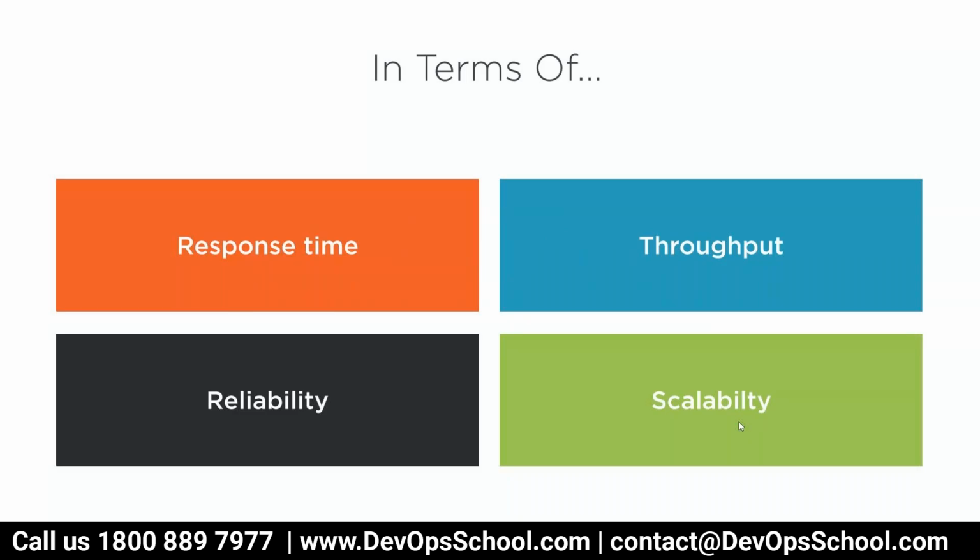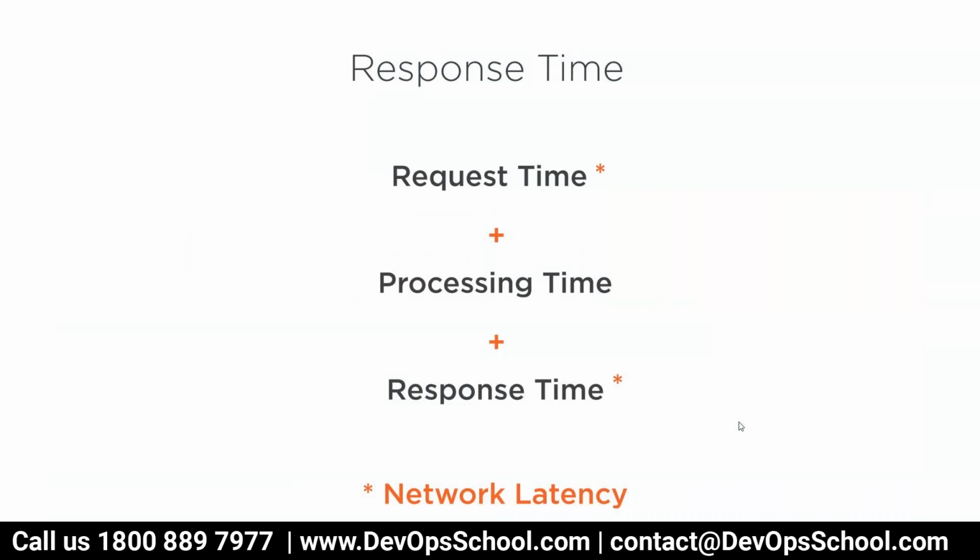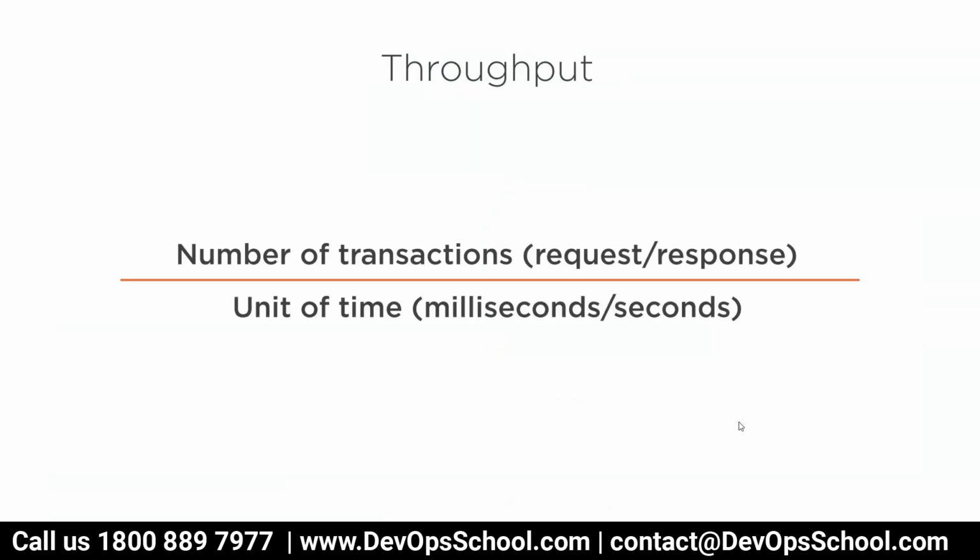So before getting into performance testing using JMeter, there are some keywords you need to understand, and they are response time, throughput, reliability, and scalability. Response time includes the request time, processing time, response time, and network latency. Throughput, again, is in terms of response and in terms of size, so there are two kinds of throughput.